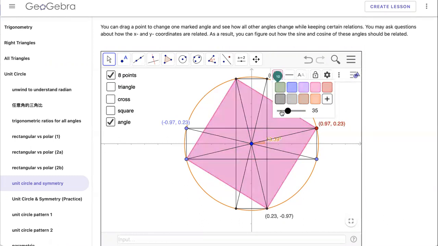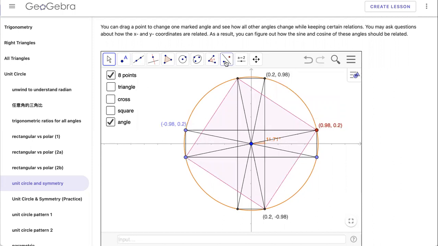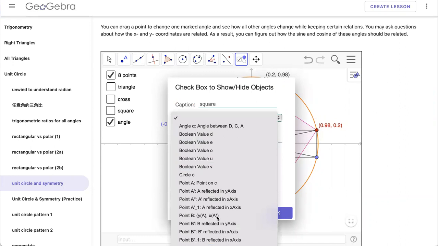You can also change the opacity. And finally, use the checkbox. Here, you can say square. Give a name and then try to find out which one they control.